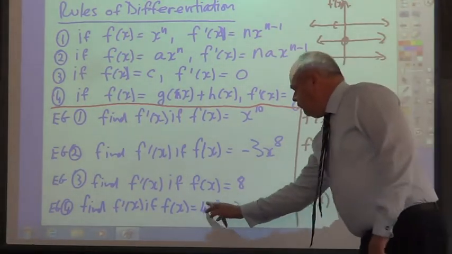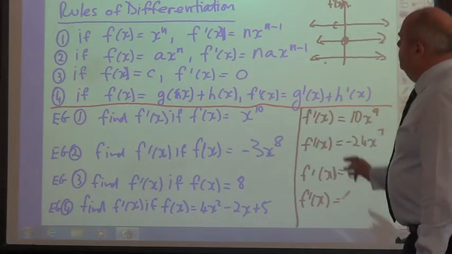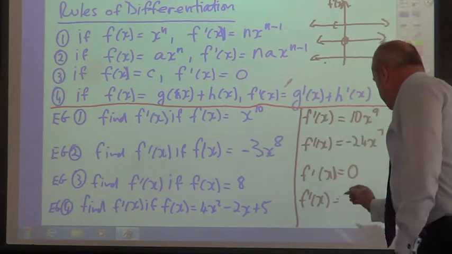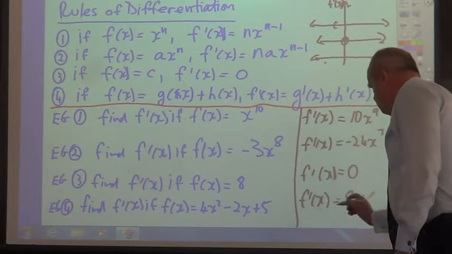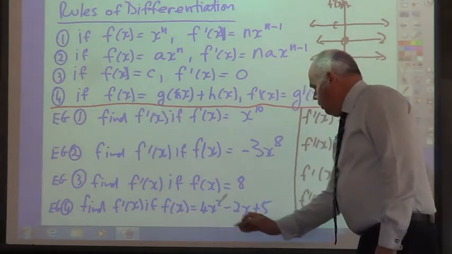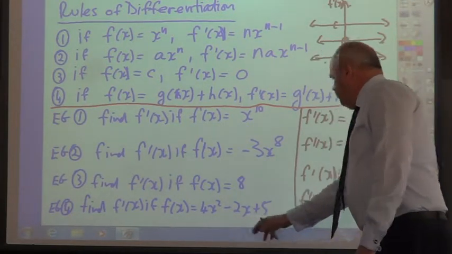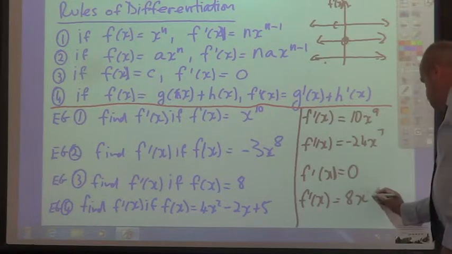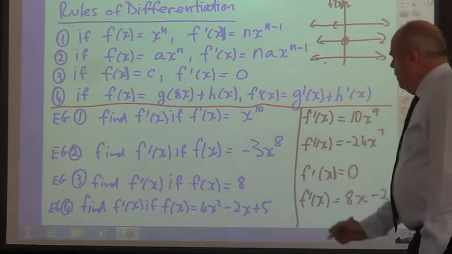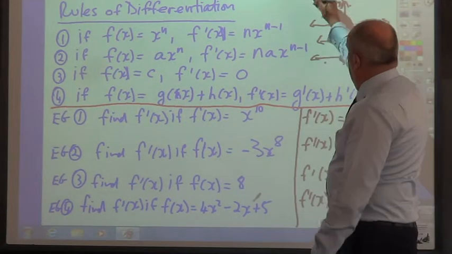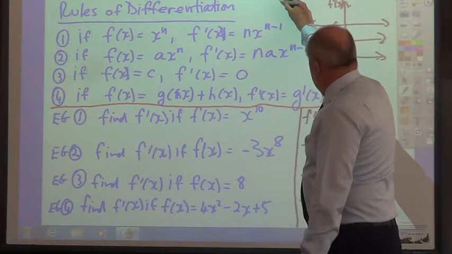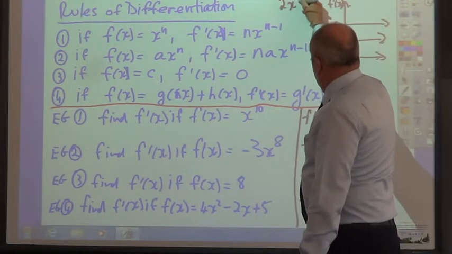So the derivative of 4x to the power of 2, because of rule 2, is 8x. You decrease that exponent by 1. X to the power of 1 is just x. Alright, the derivative of negative 2x, well, that's just negative 2, isn't it? Because really, working out up here, that is 2x to the power of 1.